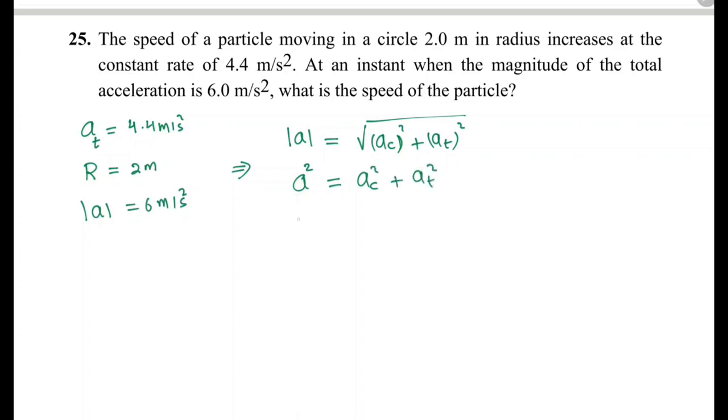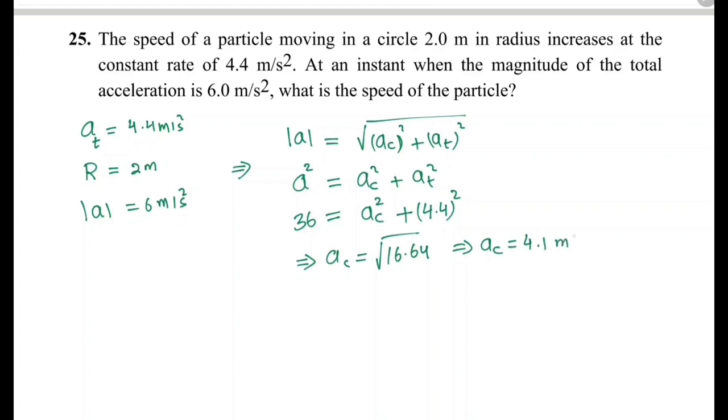Now this is equal to 36 equals A central squared, which is unknown here, plus 4.4 squared. In other words, A central is equal to the square root of 16.64, or A central here is equal to 4.1 meters per second squared.